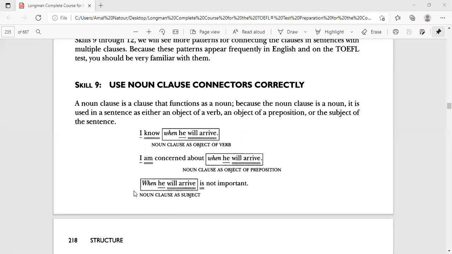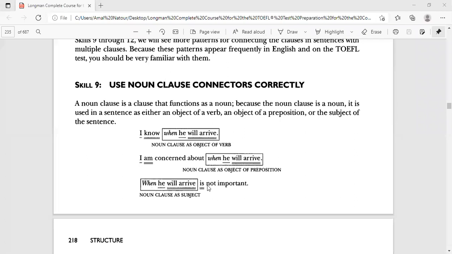He will arrive is one of the clauses, and the connector when, at the beginning here, changes it into a noun clause that functions as the subject for the verb is.